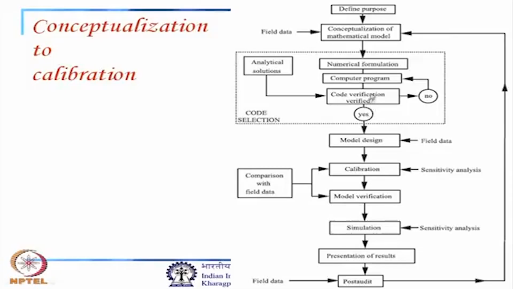So, if code verification or code selection is complete, then we can go to this model design part. So, with the field data we can design the model, then calibration, comparison with the field data.